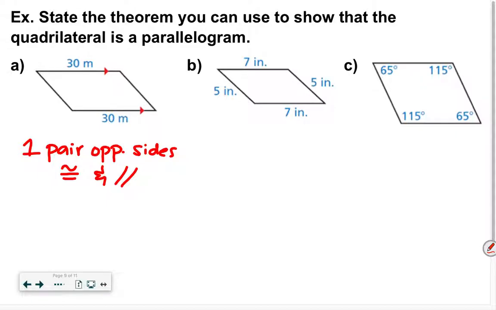Okay. So Michael, if we look at the second one, where they're showing this pair of opposite sides are 7 and 7, this pair of opposite sides are 5 and 5, which theorem, and you can just give me a number, do you think matches why B has to be a parallelogram?